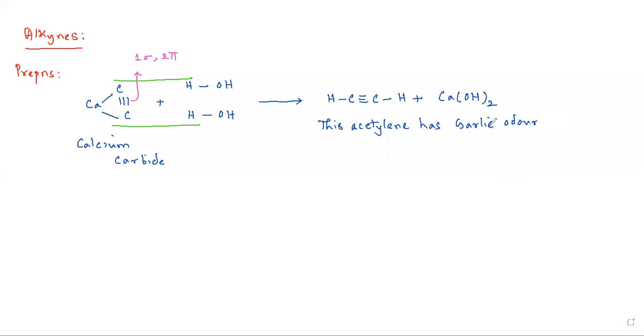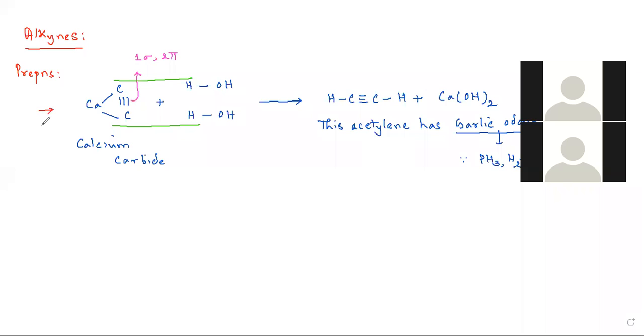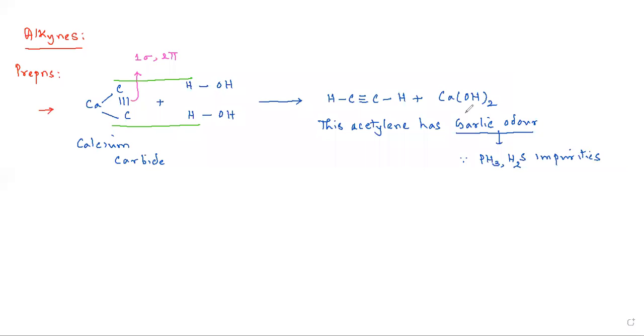So this garlic odor is due to impurities like phosphine and hydrogen sulfide. So that is a preparation of acetylene from calcium carbide by hydrolysis.